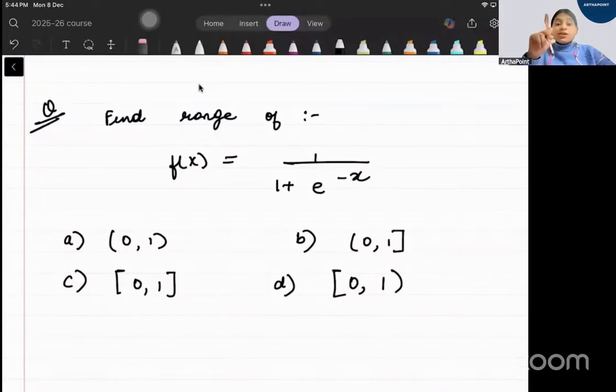Range means the values that y will take. Okay. So think accordingly.